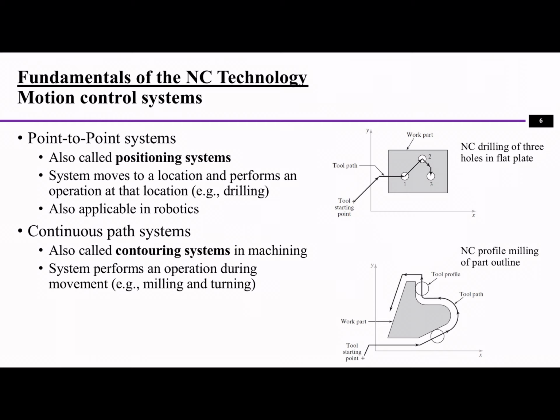The continuous path system is also a contouring system. In this case, when the tool goes down to machine, as it moves from one position to another, it's also doing the operation. So this is the more continuous path, or continuous machining, operation.